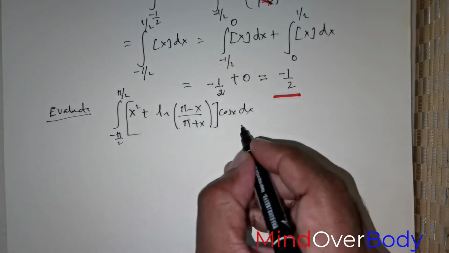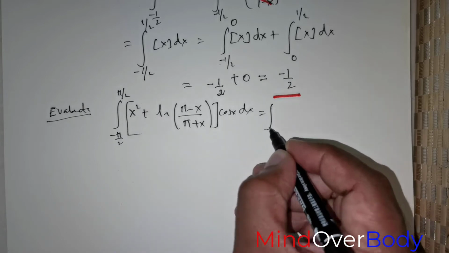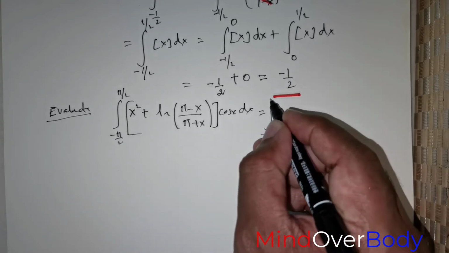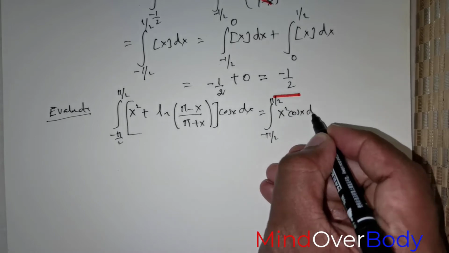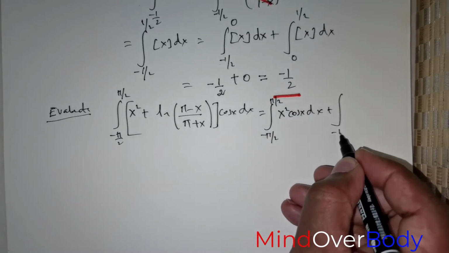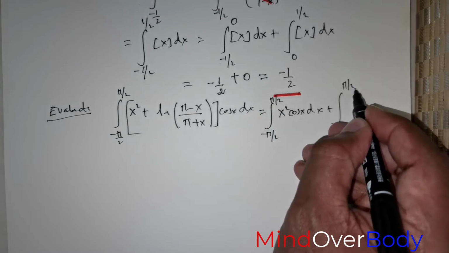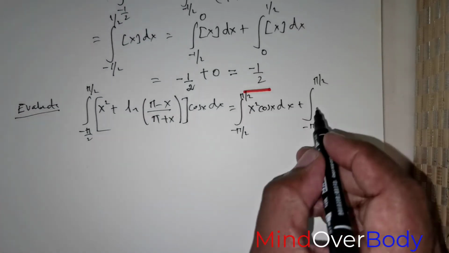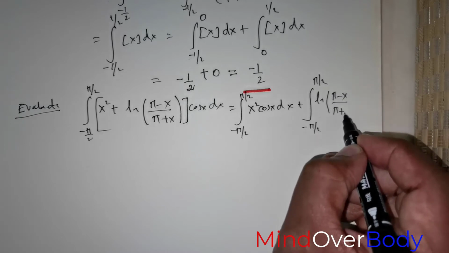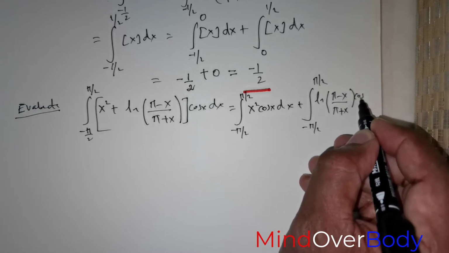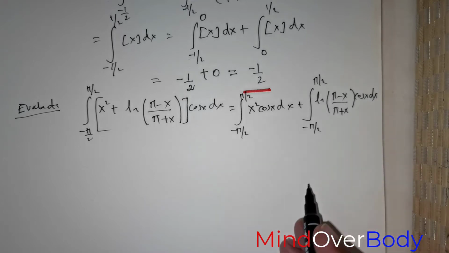Now I can rewrite this as the integral from negative pi over 2 to positive pi over 2 of x squared times cos x dx, plus the integral from negative pi over 2 to positive pi over 2 of ln of (pi minus x divided by pi plus x) times cos x dx.